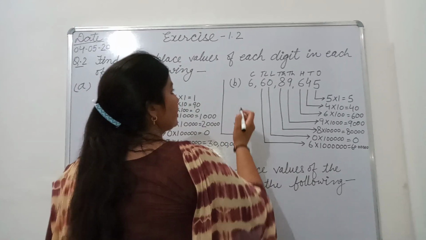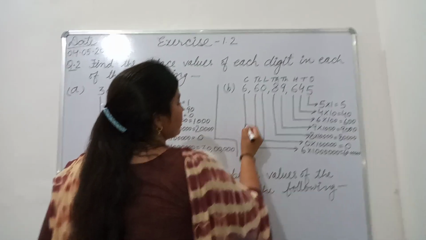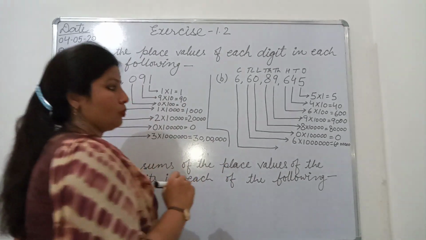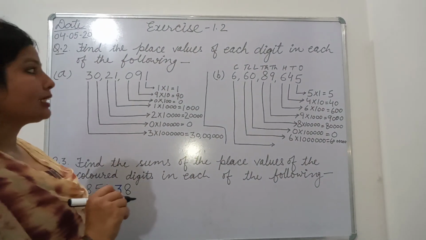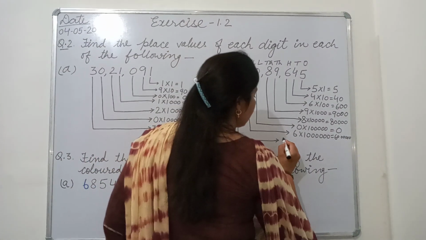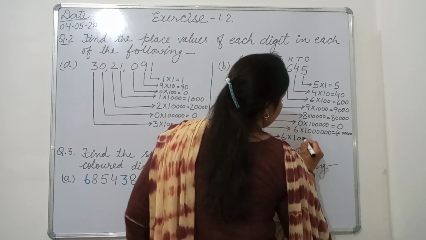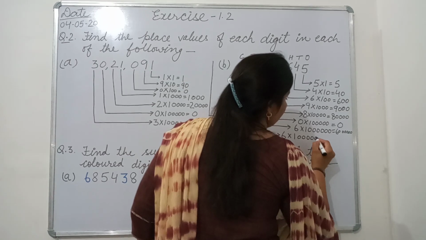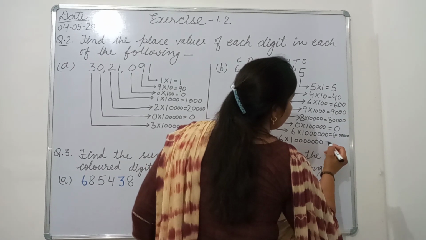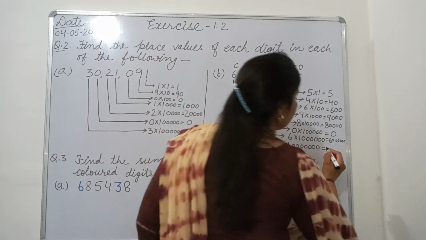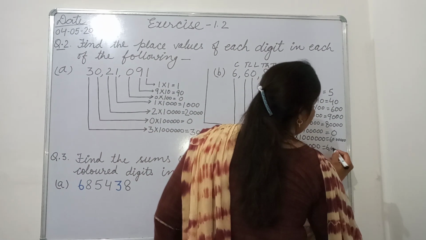Then next is 6. Now this 6 is on crore place. So 6 multiply by crore. So 6 multiply by crore, that becomes 6 crore. Okay. So 6 crore.